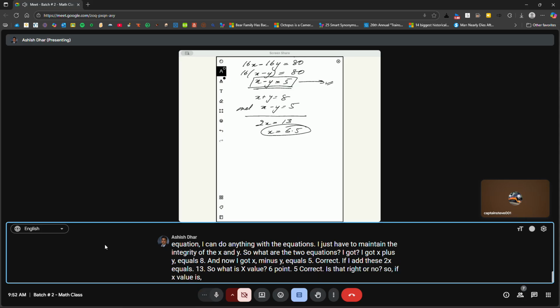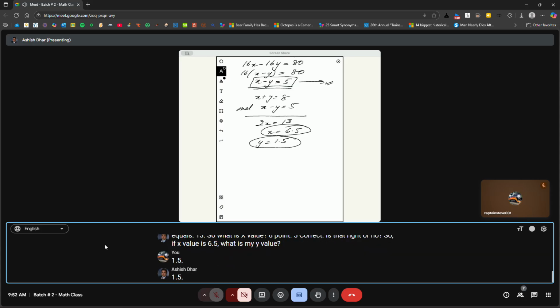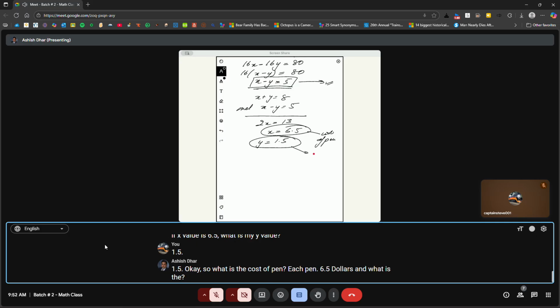So if the x value is 6.5, what is my y value? 1.5. Okay, so what is the cost of pen? Each pen, $6.5. And what is the cost of pencil? $1.5. That's what you have to find eventually. Correct?